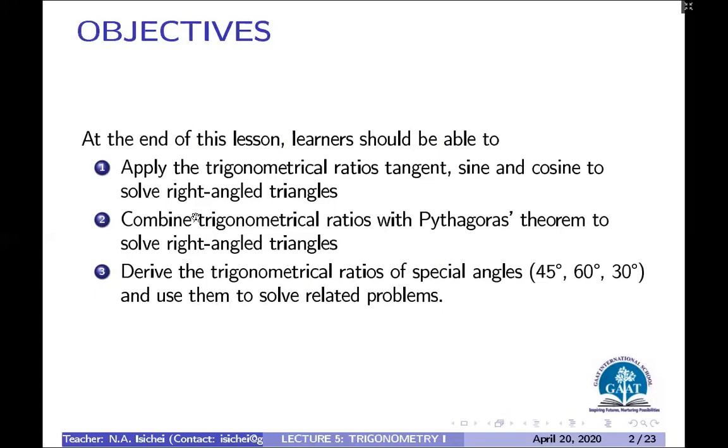In this particular video, we are concerned with objectives 2 and 3, because we've discussed objective 1 intensively in the previous video. Again, try and see that video before you continue with this one.